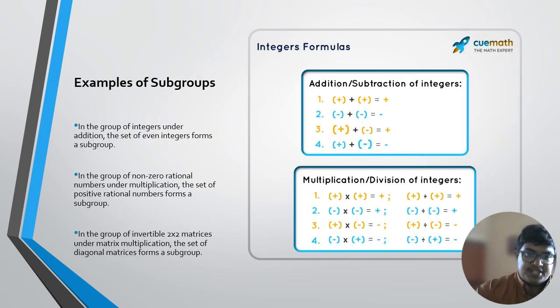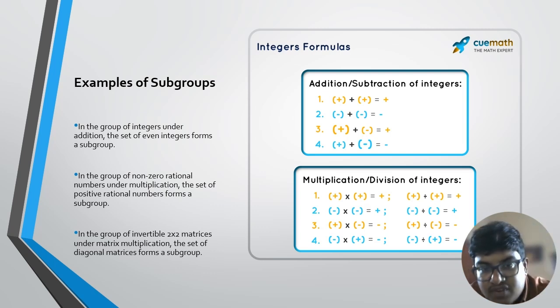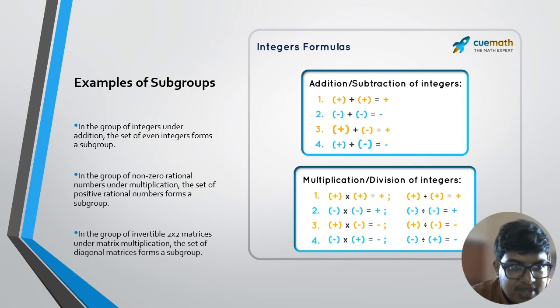Here you can see some examples of subgroups. In the group of integers under addition, the set of even integers forms a subgroup. In the group of non-zero rational numbers under multiplication, the set of positive rational numbers forms a subgroup.